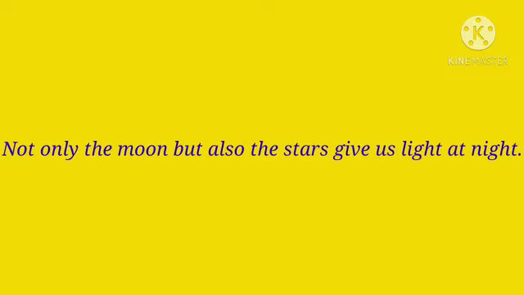Here the moon and the stars are the two subjects, and not only but also is used before the subjects. But in the former sentences, if the subject is the same, we use not only but also to combine the qualities. So children, tell me what is the difference? If the subject is the same, we use not only but also to combine the qualities. And when the subjects differ, not only but also comes before the subjects.